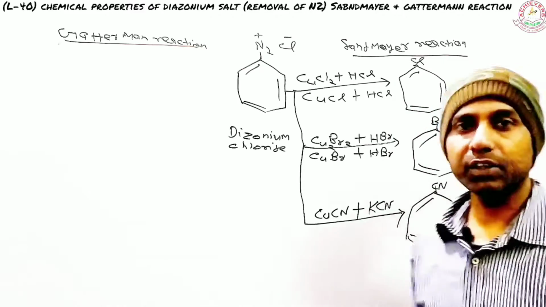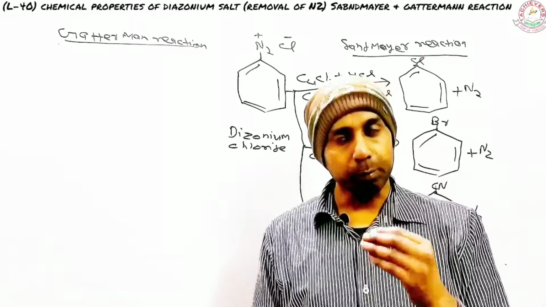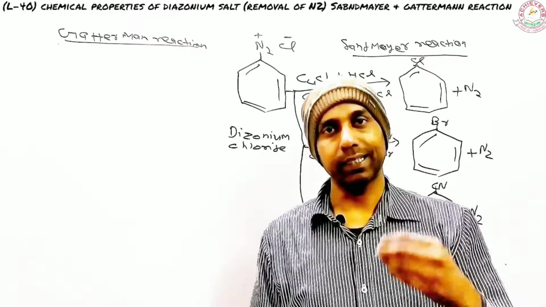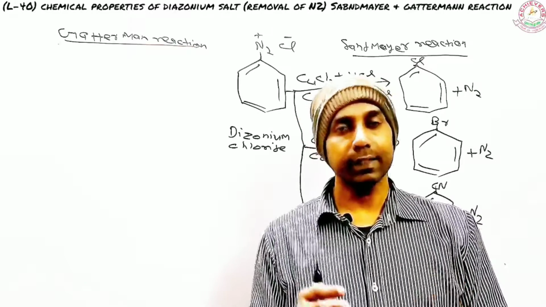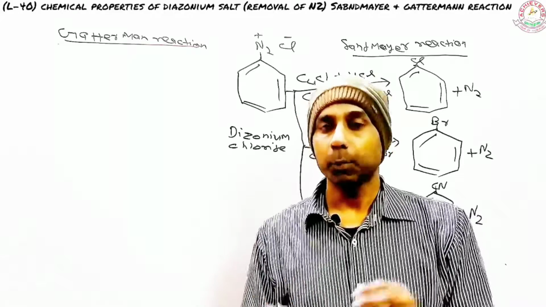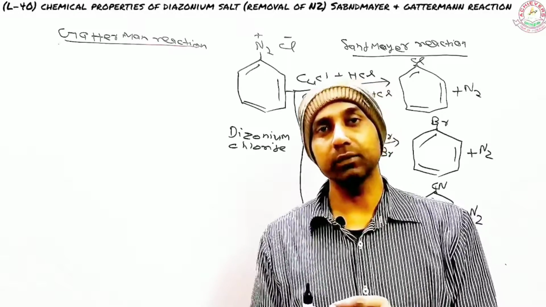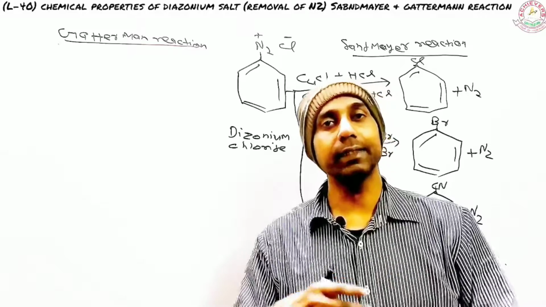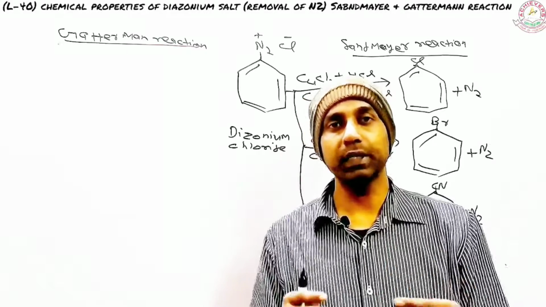Now you might have a question in your mind. Can we prepare iodobenzene and can we also prepare fluorobenzene? I would say no, we cannot, because fluorine is highly reactive while iodine is very, very lazy.